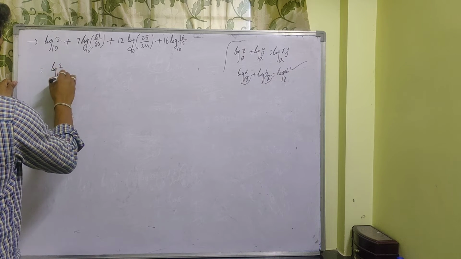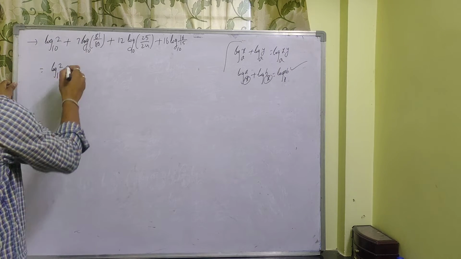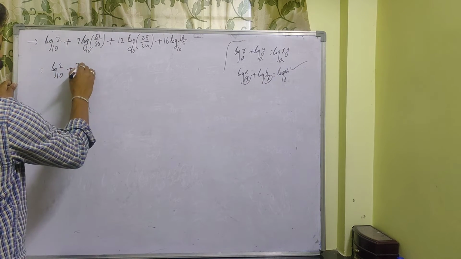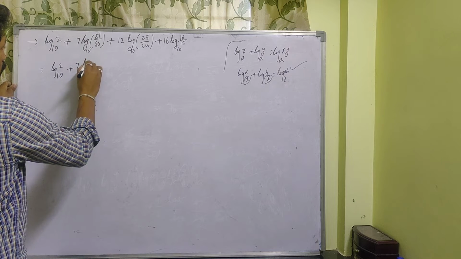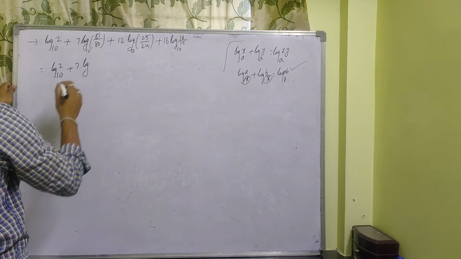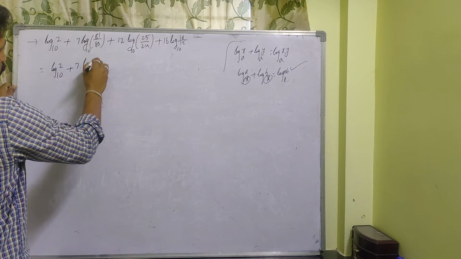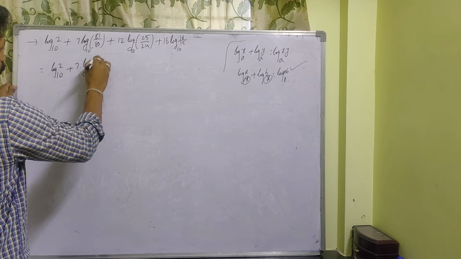So log 2 base 10, nothing to simplify here. Plus 7 into log 81. 81 you can write as 3 power 4.